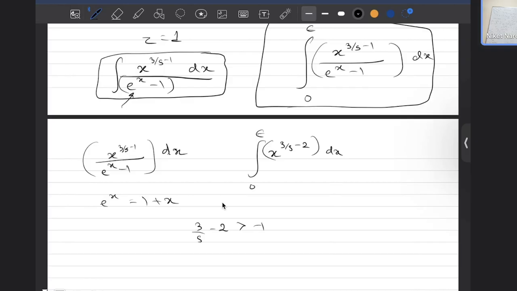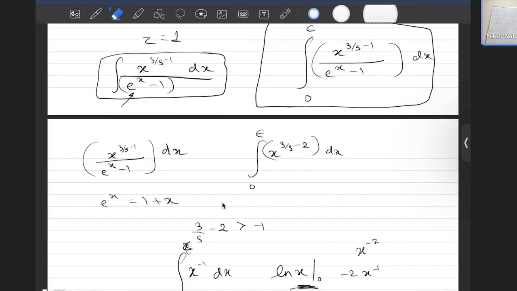If this is not greater than minus 1, in that case I might have x raised to power minus 1 dx from 0 to epsilon, and I would end up with log x, where I have a 0 here, which is divergent, of course. And anything lesser than that also, x power minus 2, which will give me minus 1 x power minus 1, and even in that case this is divergent.